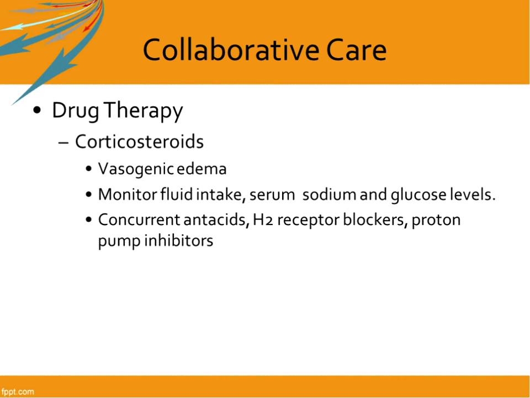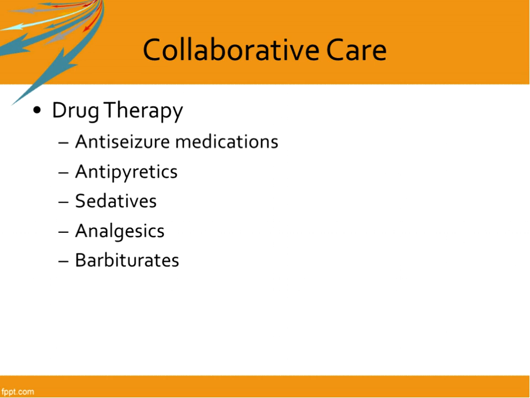We should do blood glucoses at least every 6 hours. We also need to remember to give them antacids or H2 receptor blockers, things like Tagamet. We could give them proton pump inhibitors, but one of our goals is to prevent GI ulcers and bleeding.